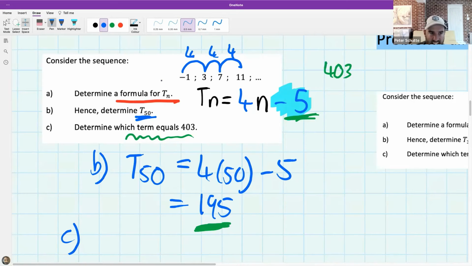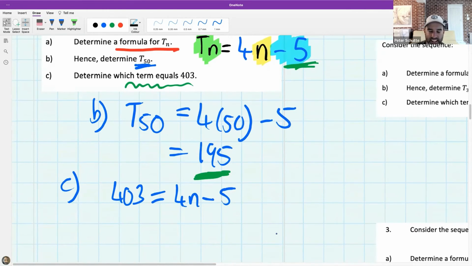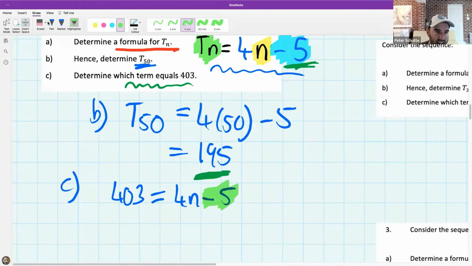Instead of using the n in the formula, we're going to sub the 403 into this Tn part here. So I'm going to say 403 equals 4n minus 5. Notice that is the exact same formula that I worked out above. Then, using my knowledge of equations, I'm going to add 5 to both sides.